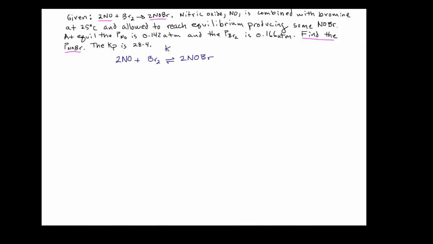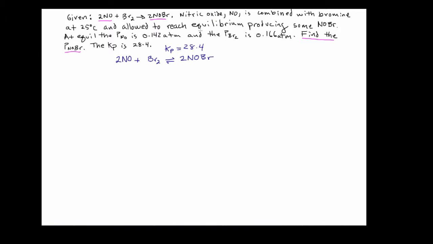All right, and I'm going to rewrite my Kp here so I have it right in front of me where I can see it. Now, what I want to do first is try and lay the background for this problem. You're told that we have the equilibrium pressures of the NO and of the Br2. The NOBr is unknown.